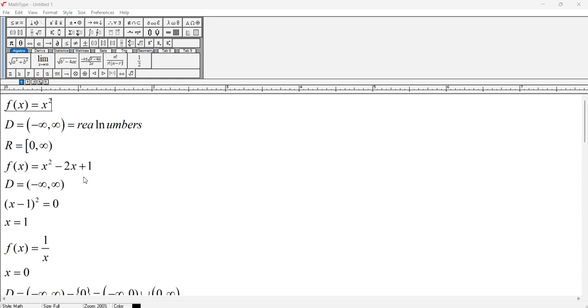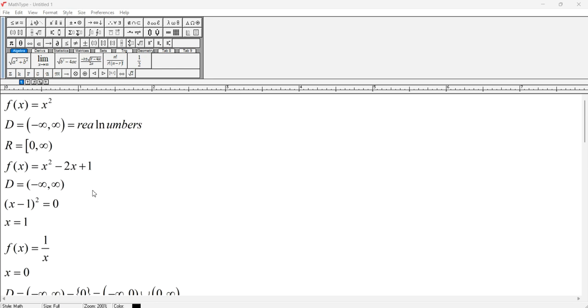The second function I will explain is f of x equals x squared minus 2x plus 1. This is also a polynomial function. Every polynomial function has its domain as minus infinity to infinity, all real numbers.